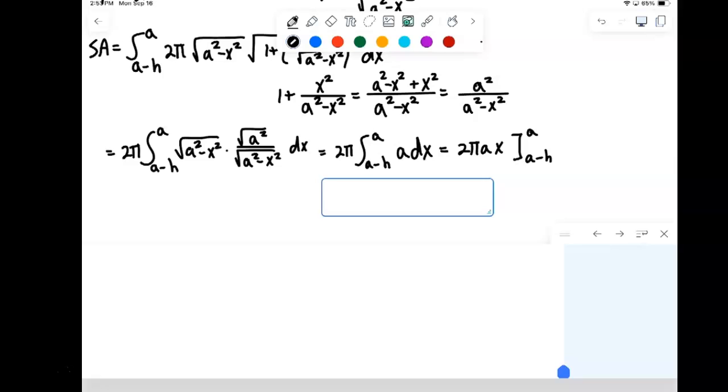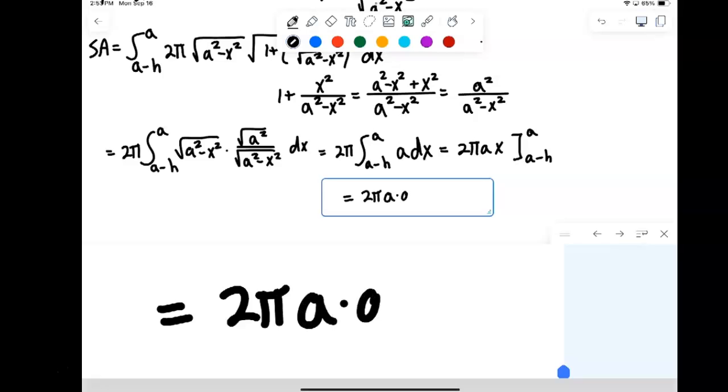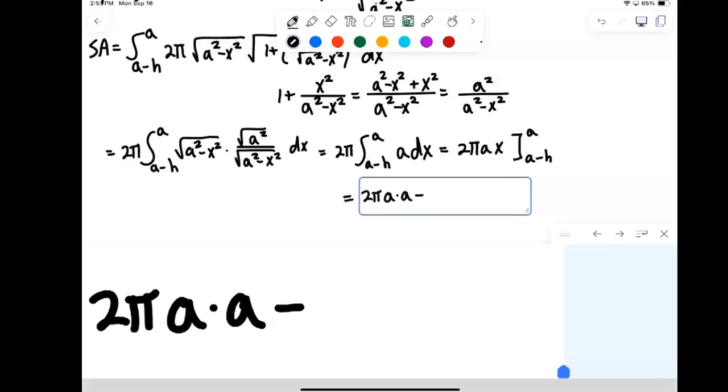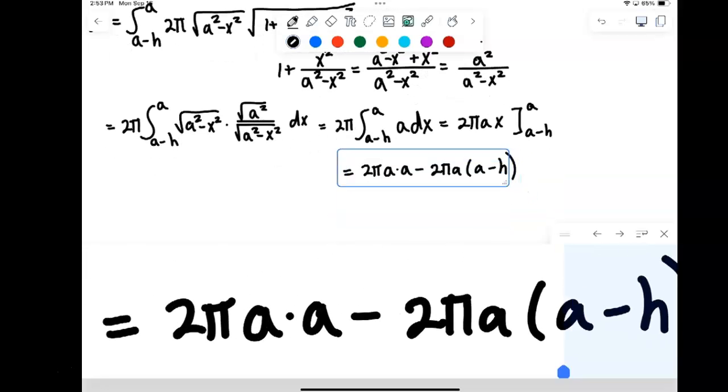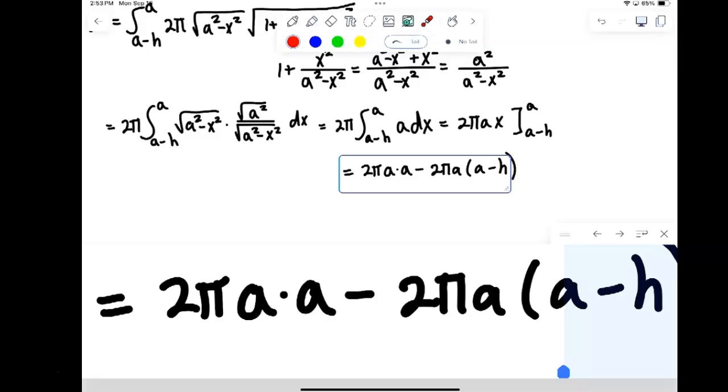And then we just work that out and see what it gives us. 2 pi a times a minus 2 pi a times a minus h. Well, look what's going to happen when you distribute. That 2 pi a is going to be minus 2 pi a, so all that stuff should go away.